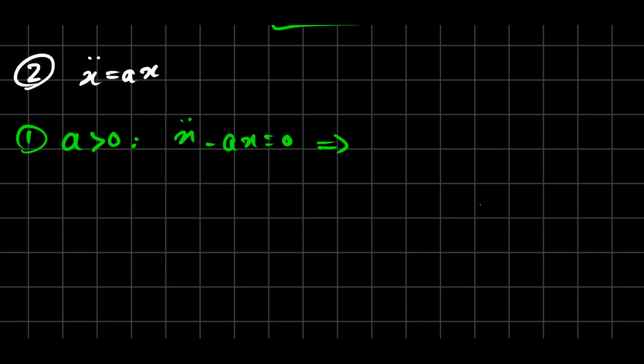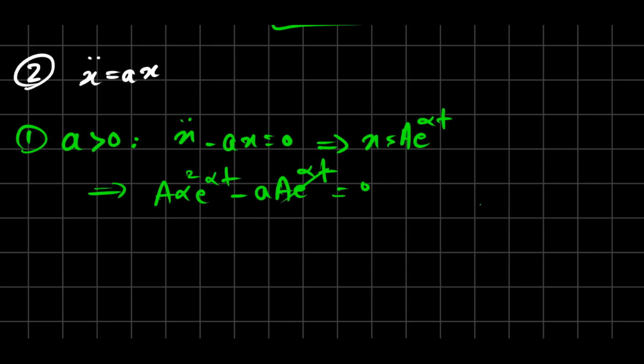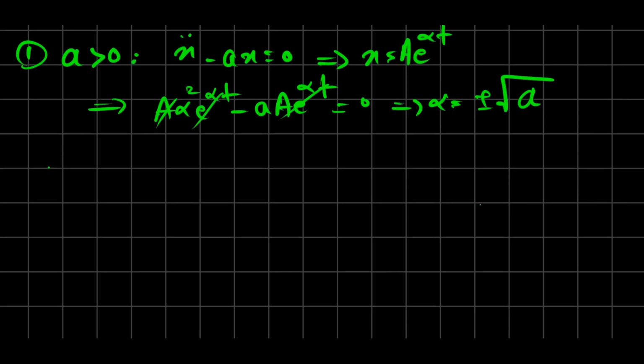And in this situation, we can put x is equal to a e to the power of alpha t, and we get a alpha squared e to the power of alpha t minus a e to the power of alpha t equals 0. So if we cancel these, we get alpha equals plus or minus the square root of a. And we can say x is equal to a e to the power of the square root of a t plus b e to the power of minus the square root of a t.